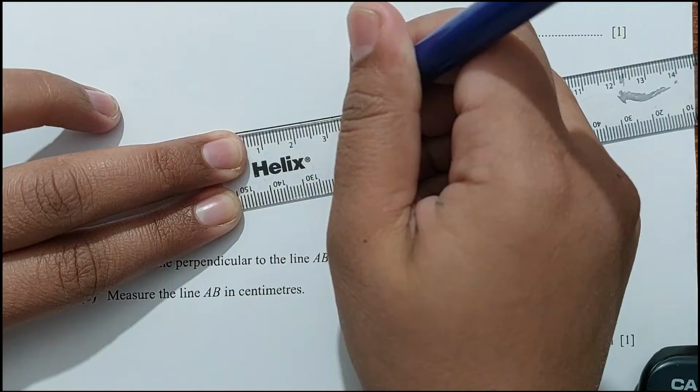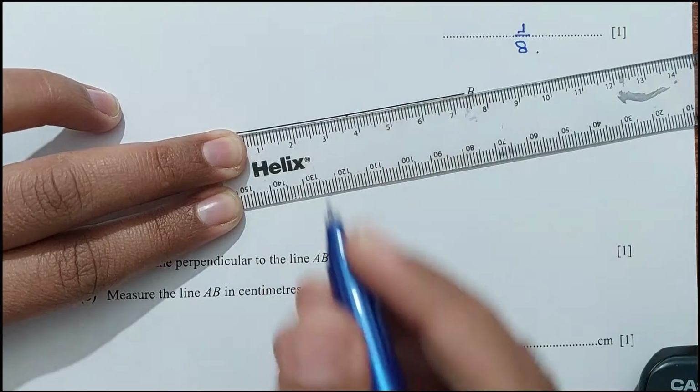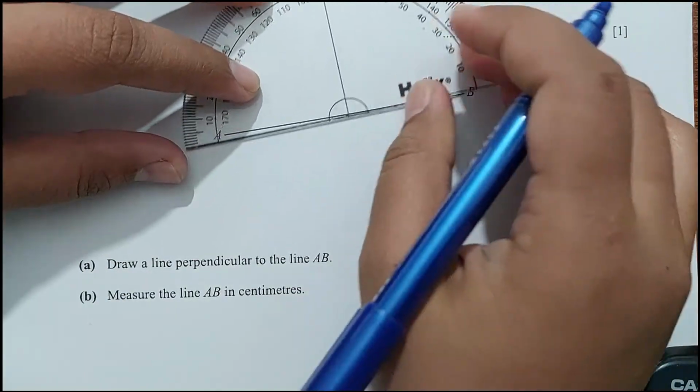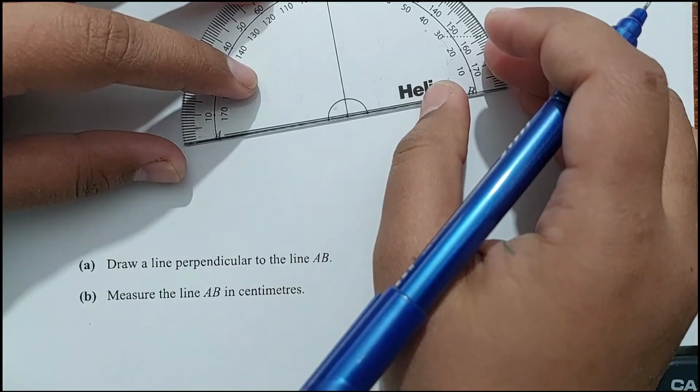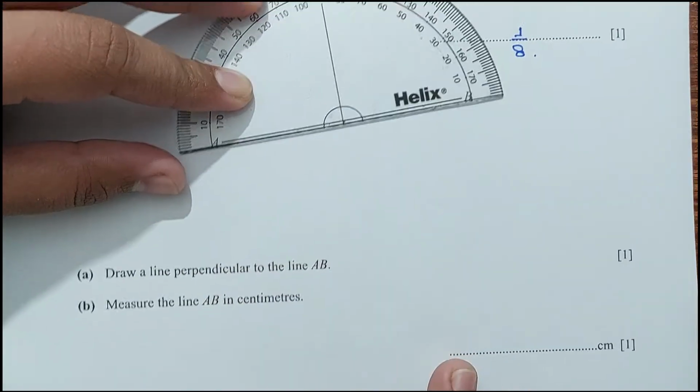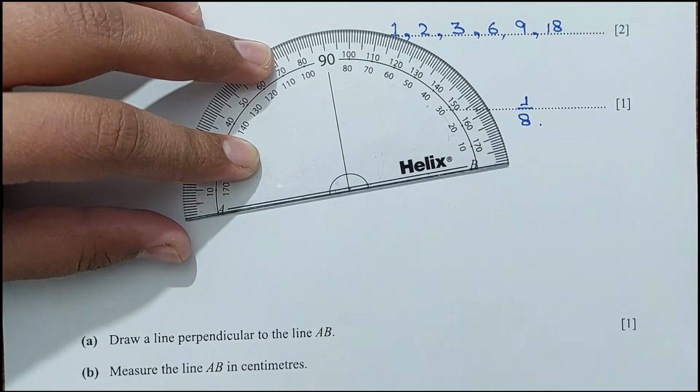So this line is 3.5 and this is 3.7. Right. Now let me draw the perpendicular bisector by measuring the 90-degree angle at this point, as you can see.